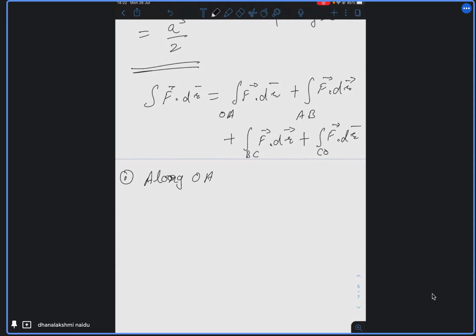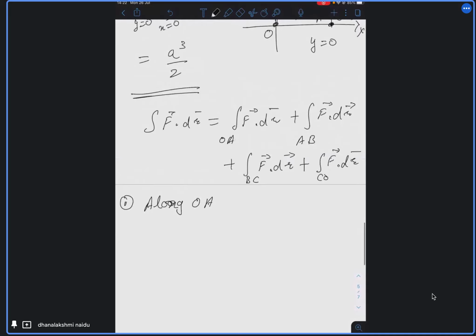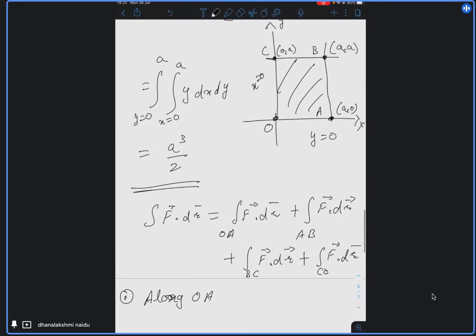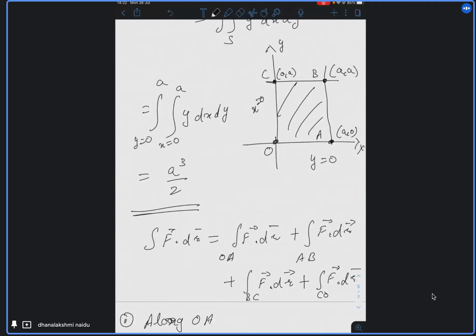Along OA, now you see, your y is 0. Is it or not? Along OA, y is 0 and x is changing. And z is anyhow 0 for all terms.